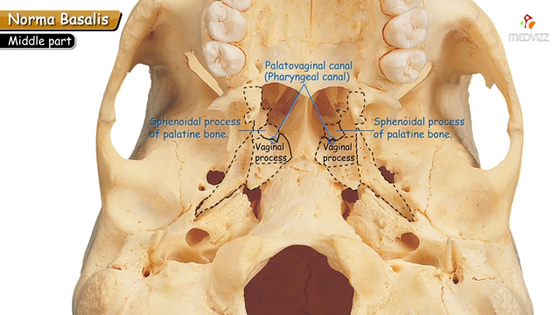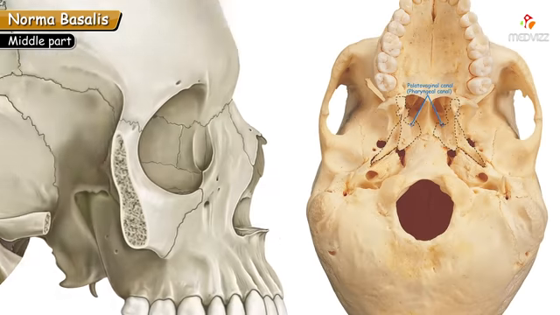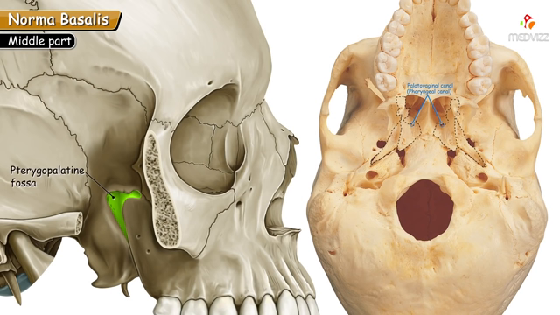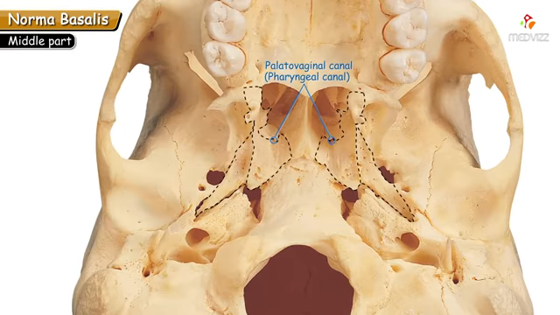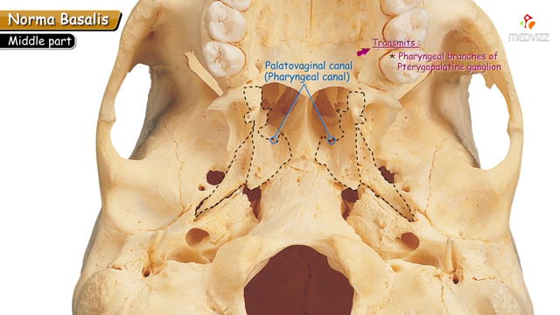This gap is the pharyngeal canal, and this canal leads anteriorly into the pterygopalatine fossa, which contains a ganglion called pterygopalatine ganglion. So this palatino-vaginal canal transmits branches from the pterygopalatine ganglion and branches of maxillary artery, that is the pharyngeal branches of third part of maxillary artery.